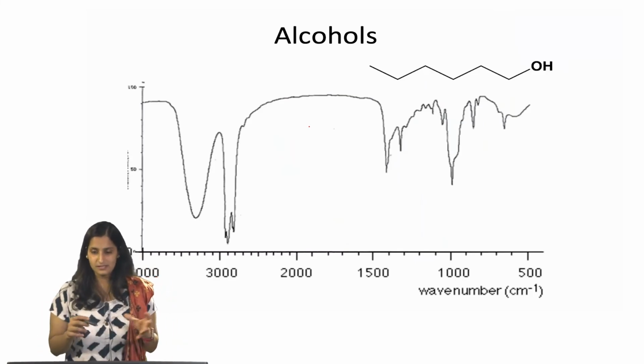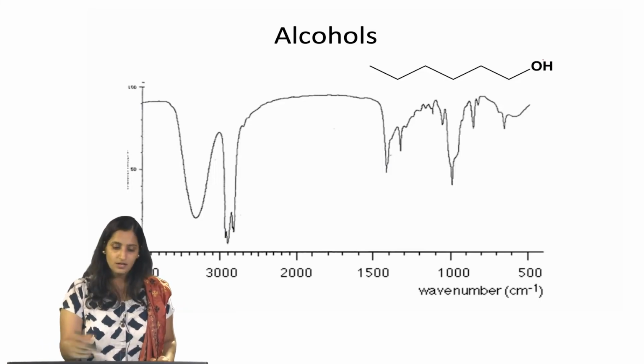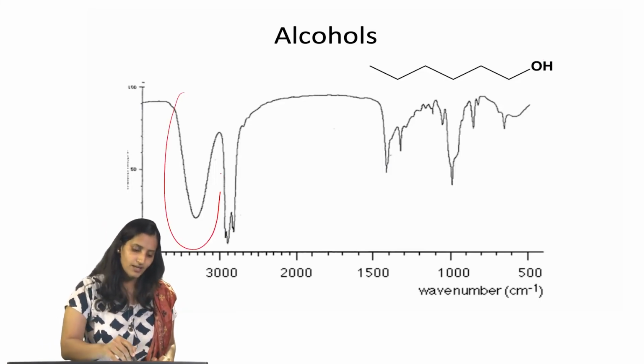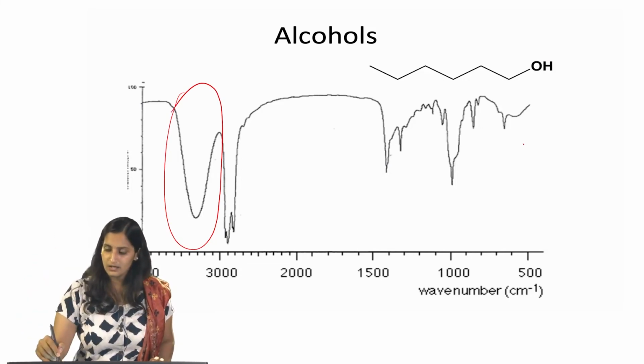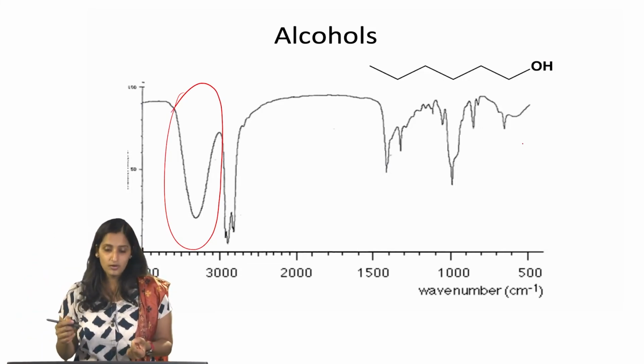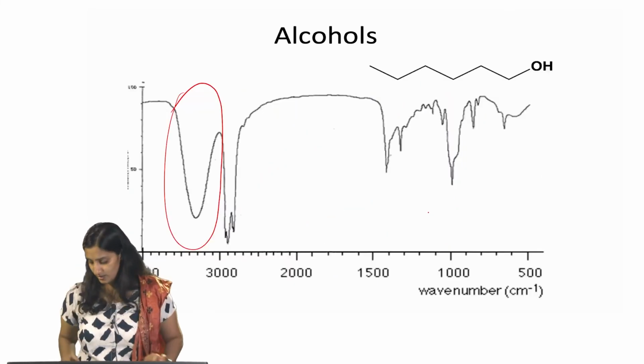Now, this is a different compound, right? Because what you see is a very nice and different peak. It looks kind of like a U-shaped peak. It is not thin and narrow. If you go back, remember how narrow and thin this peak was.